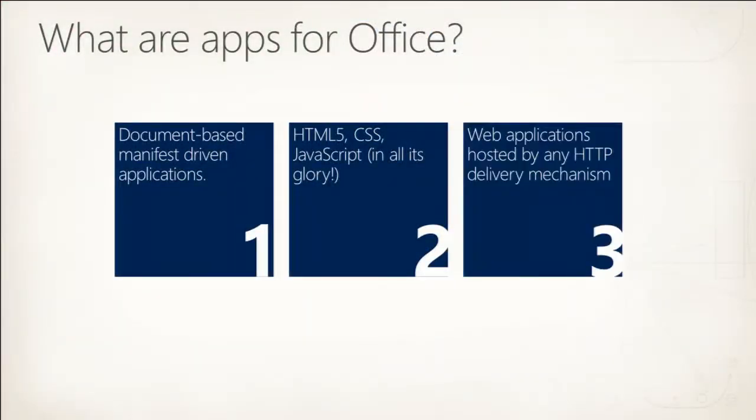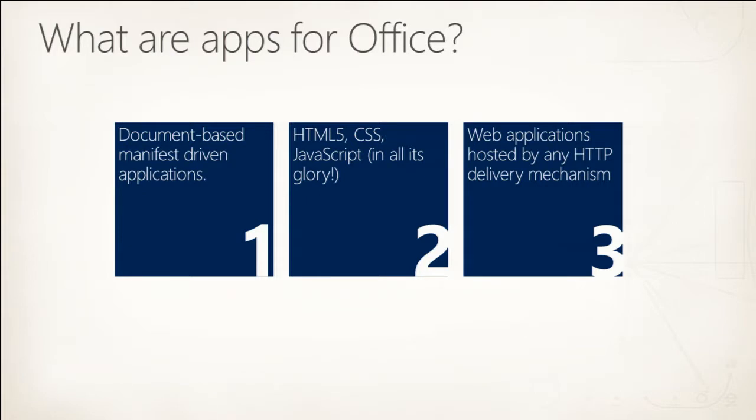So the 1, 2, 3 model, what are apps for Office? First and foremost, they're manifest-driven applications. The manifest gives you the ability to essentially assert or declare what type of capabilities your application offers, and it gives you the ability to associate an application to a document that might be hosted by the Office platform. 2, they're just HTML, JavaScript, and CSS3.